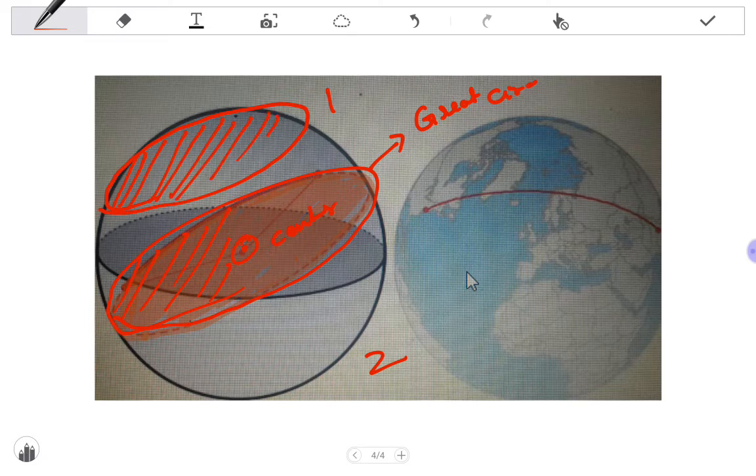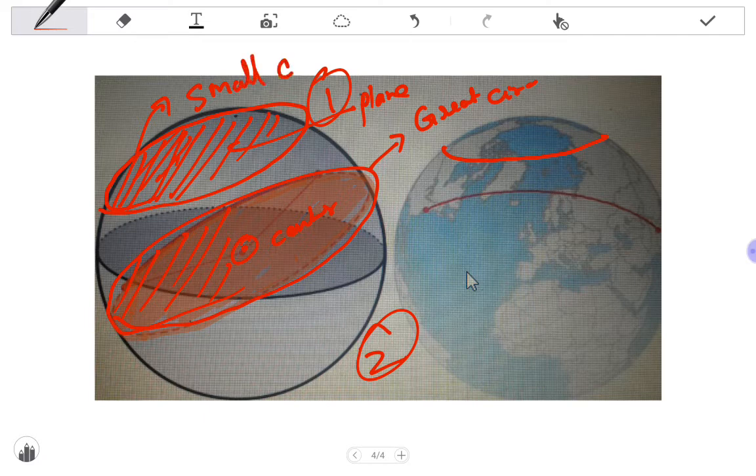The plane of that circle drawn on the earth's surface doesn't pass through the center, so the earth is not divided into two equal halves. So that circle is called a small circle.